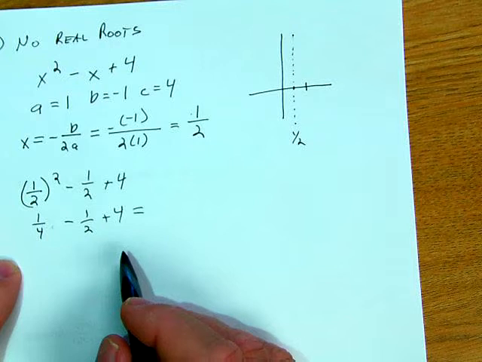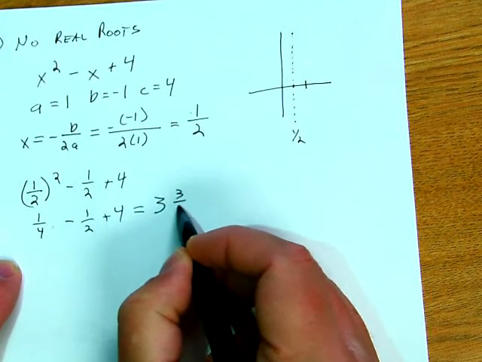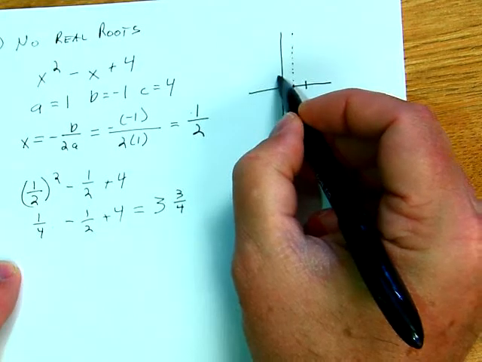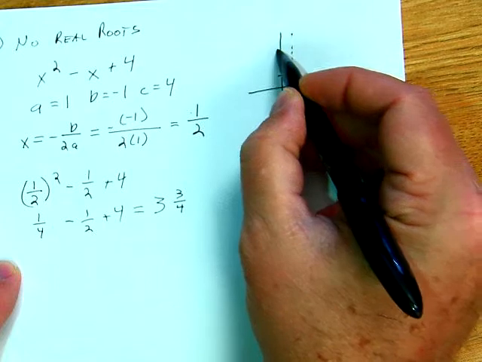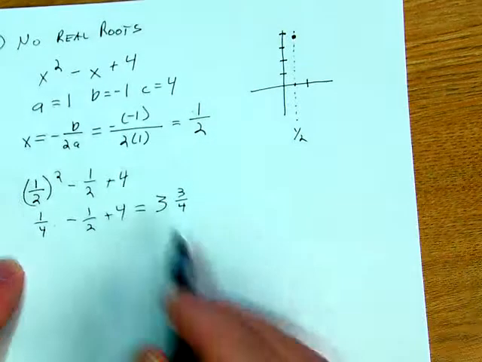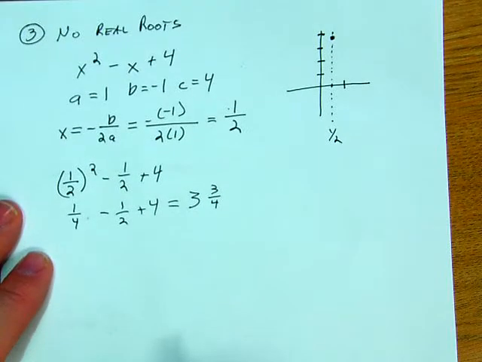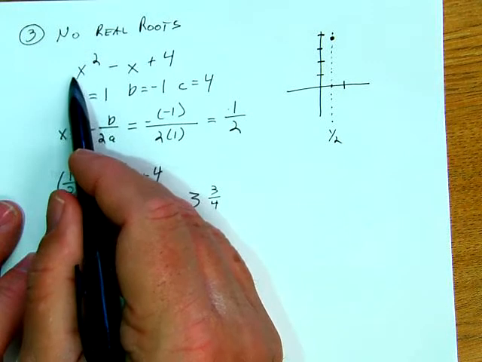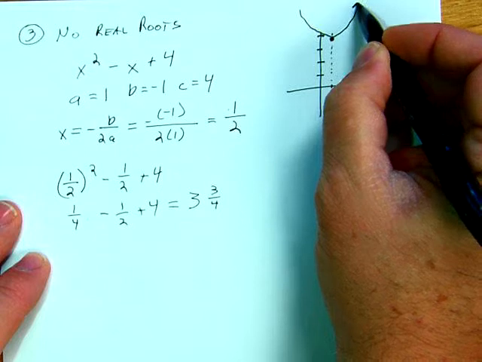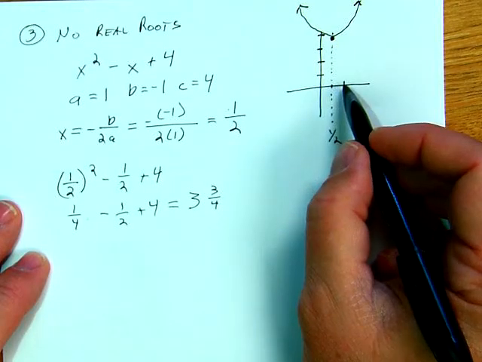That gives me a positive value of 3 3/4. If I were then to graph 1/2, positive 3 3/4, there's 1, 2, 3, 4, about 3 3/4. Now, is this an upward opening or downward opening parabola? Well, the a value is positive, so it's opening upwards. So when I look at this, it looks like it is never going to touch the x-axis. All right.